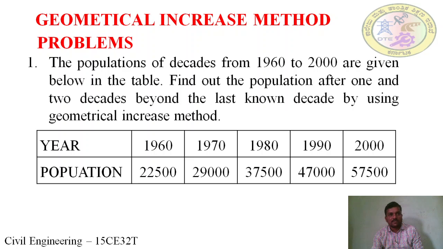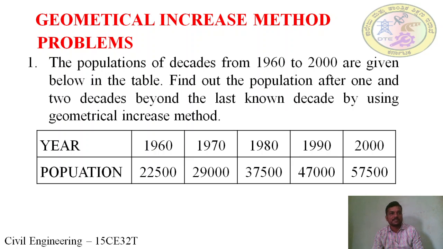Let us solve problems related to the geometrical increase method. For comparison, we have taken the same problem we discussed in the earlier session while doing the arithmetical increase method. The same problem we are going to solve in the geometrical increase method.